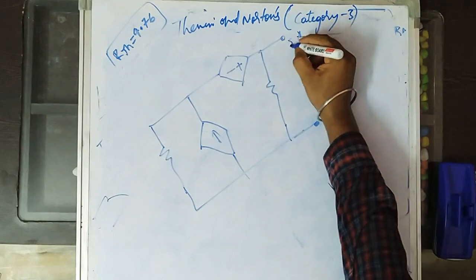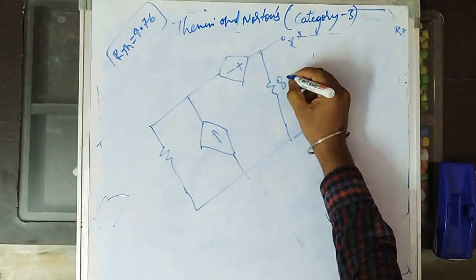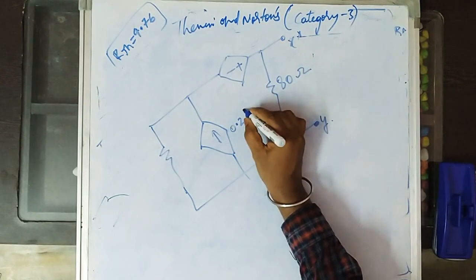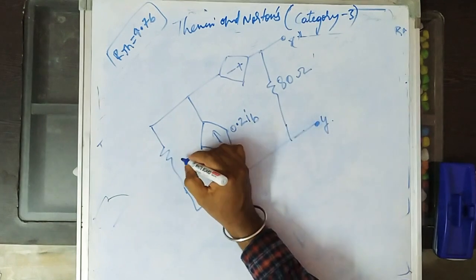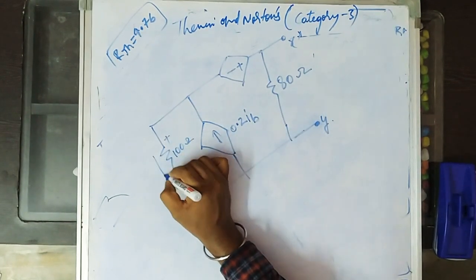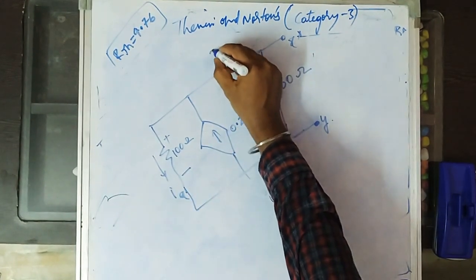This is the X terminal and this is the Y terminal, and this is 8 ohm, 80 ohm. This is 1.2 IB, and this is 100 ohm, and this is current IA, and this is a value of 2 IA.